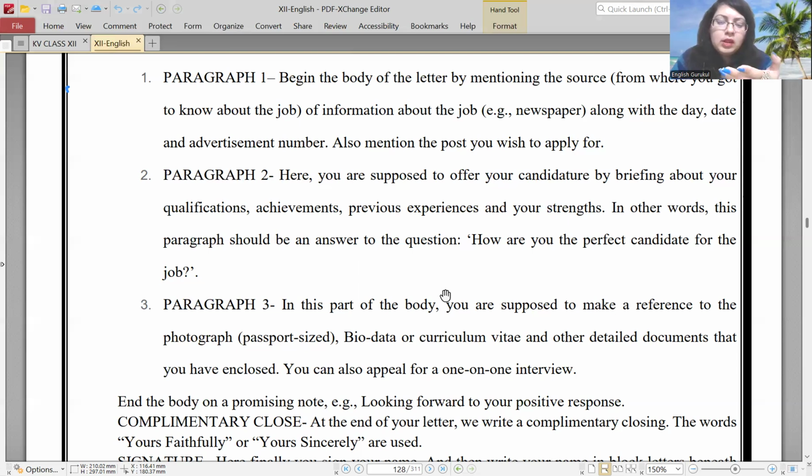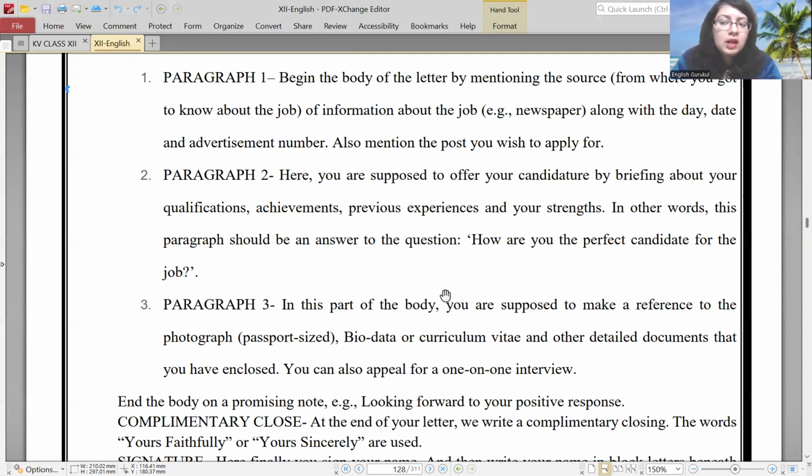Or from an e-newspaper. Nowadays there are so many sources, so you need to mention that source of information about the job.